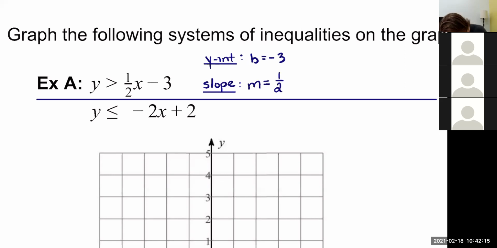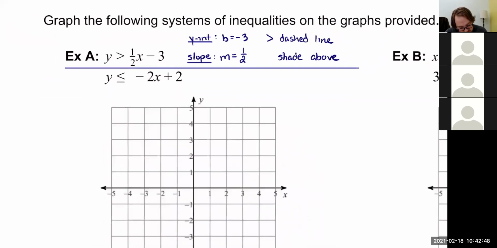And then the inequality sign tells me that it's going to be a dashed line, and that with respect to that line, I will shade above it. So again, yes, there's a second inequality there, but I'm going to ignore it for now, at least until I am done with this top inequality.